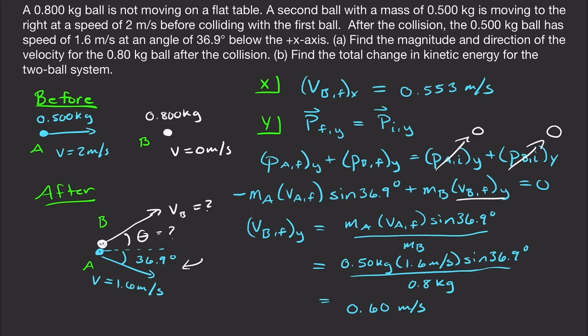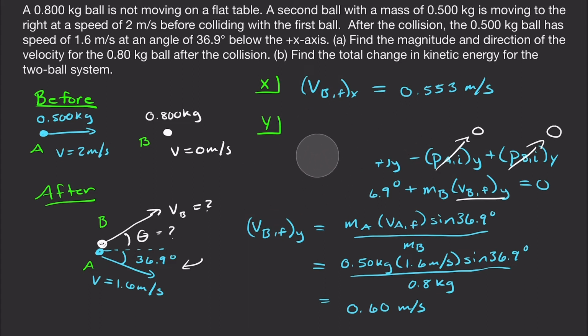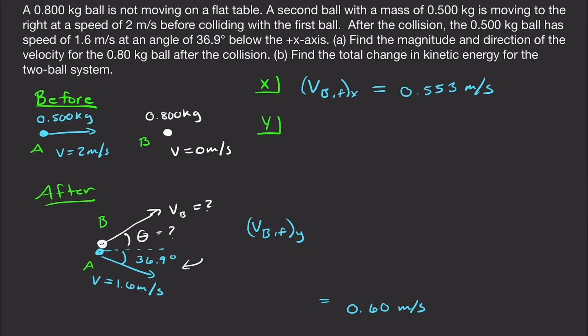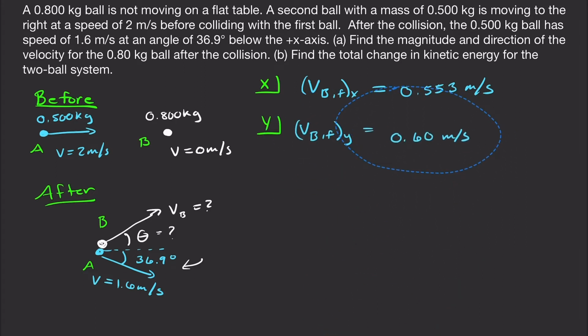Okay, so now that we have that, we can find the magnitude and direction. So I'll move this again somewhere safe. And now we can use the Pythagorean theorem to find VBF, the magnitude.